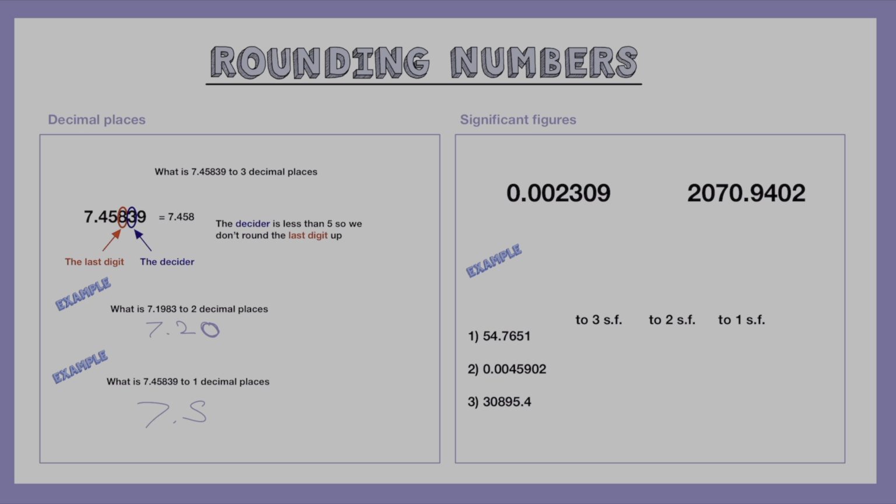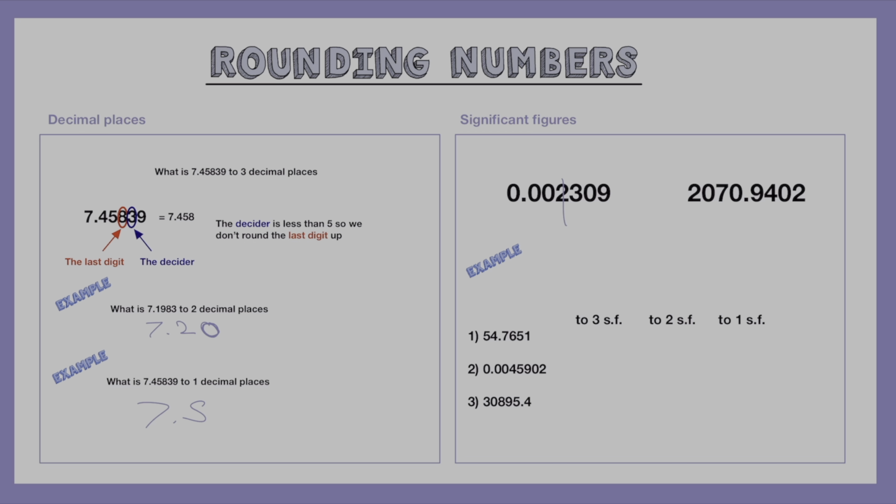So now let's move on to significant figures. So we can see here we have 2 numbers. A significant figure is anything but zeros that are past the first initial zeros. So these zeros do not count as significant figures.